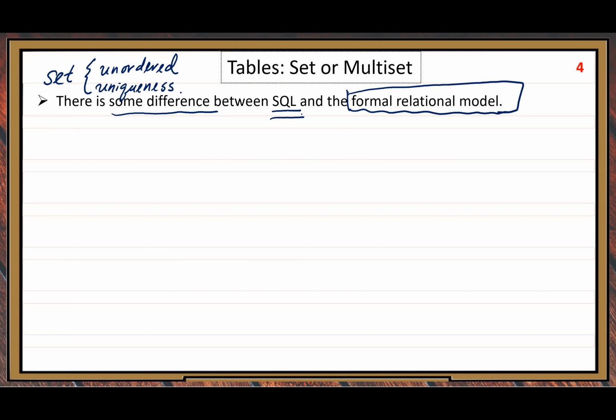You can see in these two different places, one is academia, another is the business world. These two places are quite different. So that caused the difference between SQL and the formal relational model. As a consequence, we have the following discussion.